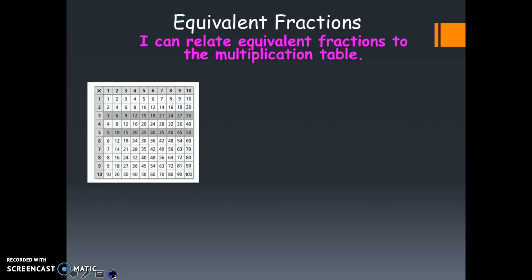Now, here is a multiplication table. Notice that the row next to the 3 and the row next to the 5 is highlighted because I want to start today with the fraction 3/5. What I'm trying to show you is that yesterday we learned we can multiply the top and the bottom number by the same thing to get a new fraction.